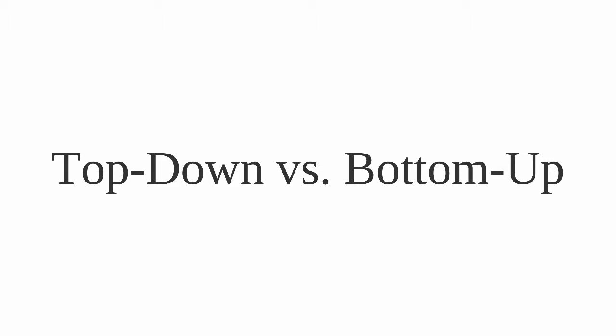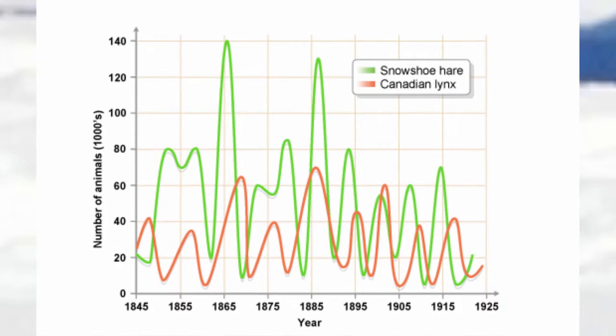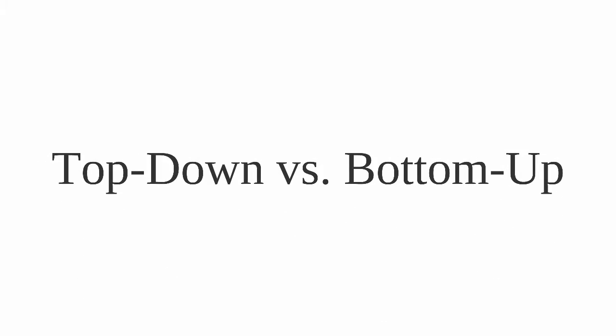And if you look back at this graph, you can see that in some areas, as the lynx, the predator numbers, are rising, shortly after that, the prey numbers begin to fall. That's top-down control. When those prey numbers fall and cause the predators to fall, that would be considered bottom-up control. And so predator-prey fluctuations are often a back and forth between top-down and bottom-up control.